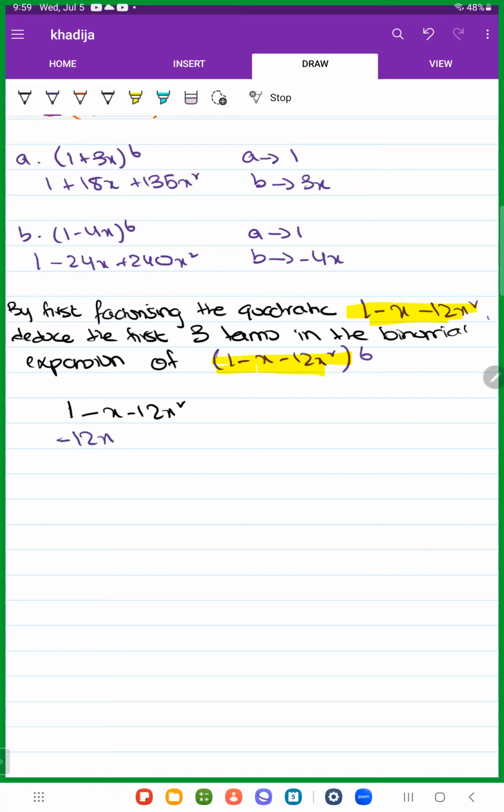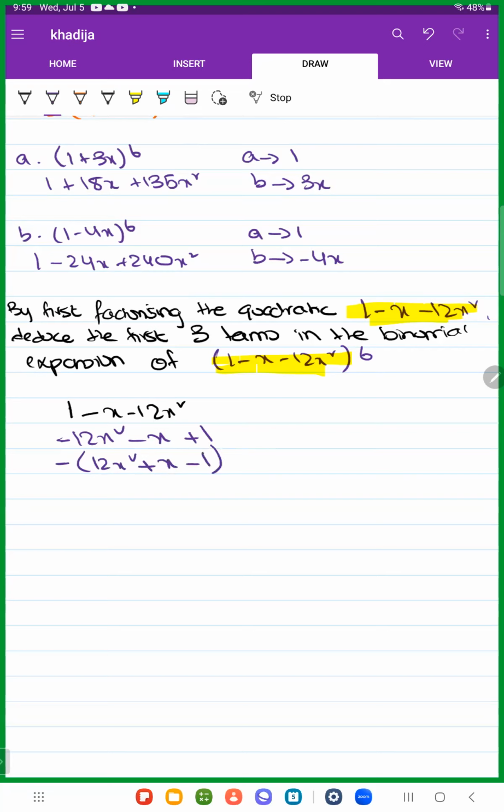This is the expression. Can you factorize it for me? Yeah, sure. How will you factorize it? We'll have to use the quadratic formula for this one, no? No, you only use the quadratic formula when you have an equation. This is not an equation, it's an expression. This is simple. You'll just take out the minus first.